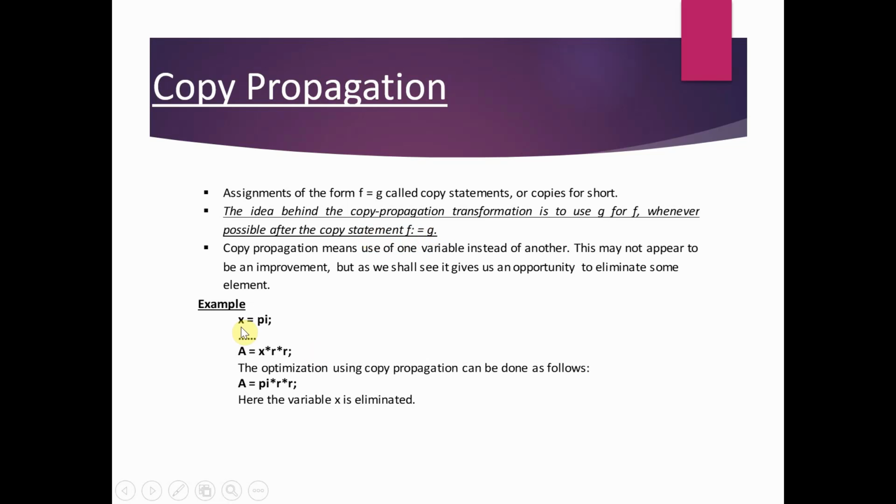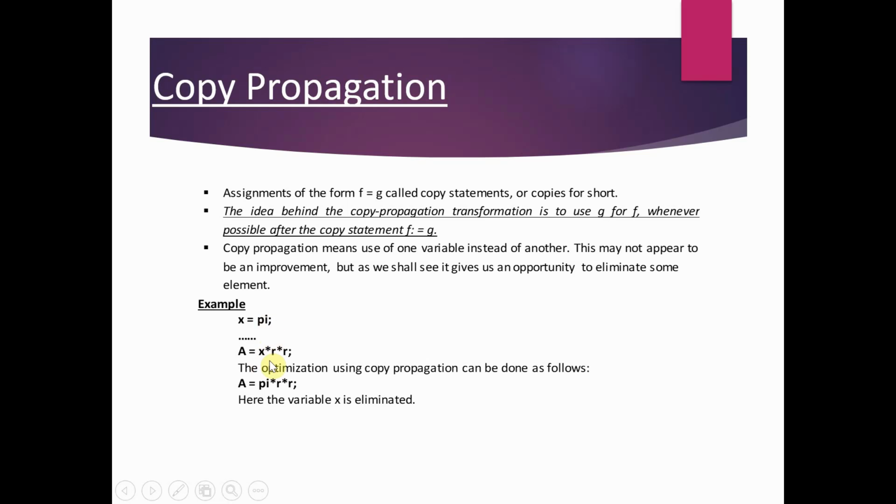One simple example: x is equal to pi is present, and there are some statements after this, and a is equal to x into r is present. This is the copy statement f is equal to g. Make use of this g wherever required in the next statements.